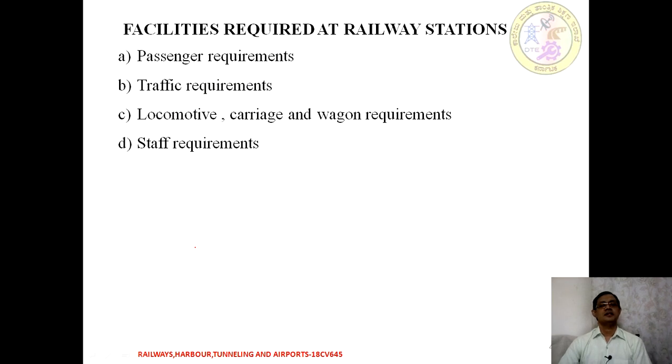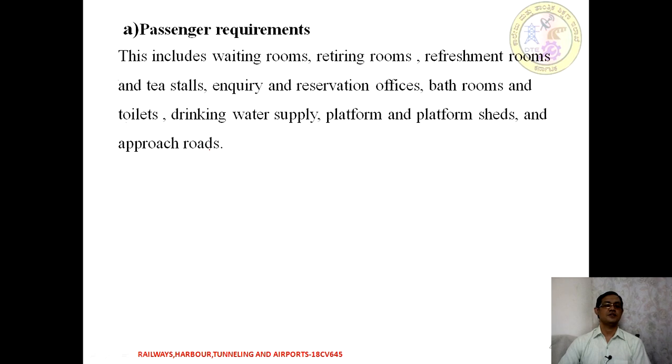What are the requirements or facilities provided at a railway station? There are four requirements: the passenger requirement, the traffic requirement, the locomotive requirement, and lastly the staff requirement. These four requirements have to be fulfilled in any railway station.